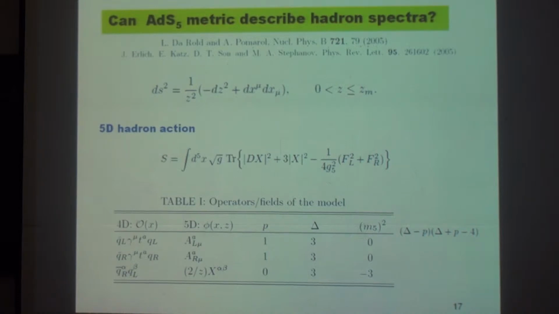This was done in 2005 by these groups, and it worked quite well, not bad. They took the AdS5 metric with a hard cutoff, and for the hadron action they introduced meson degrees of freedom, like a five-dimensional linear sigma model in some sense.